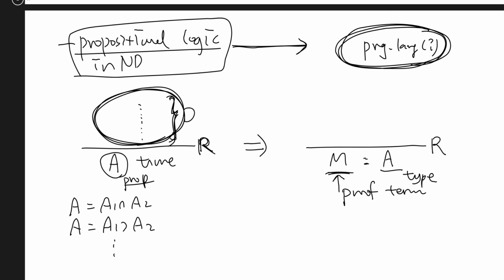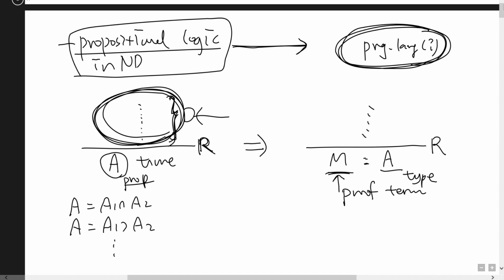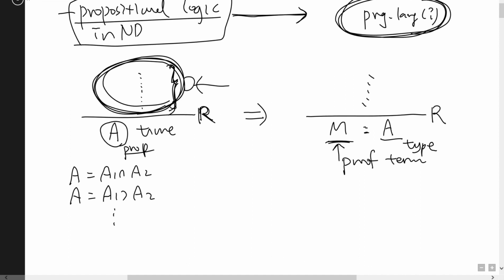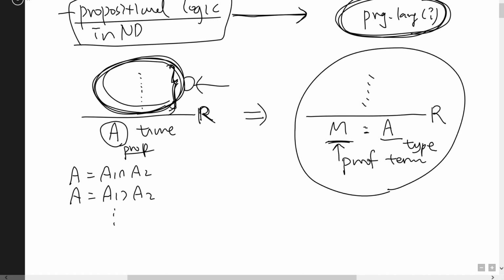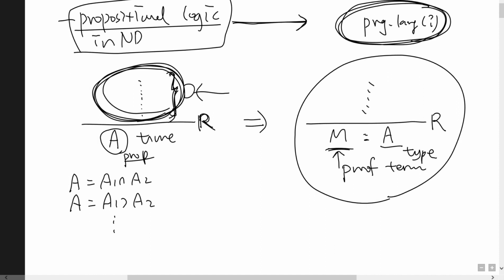And we repeatedly apply this transformation to the premise of this inference rule. So now we have another system of inference rules using natural deduction. So that's the basic idea.